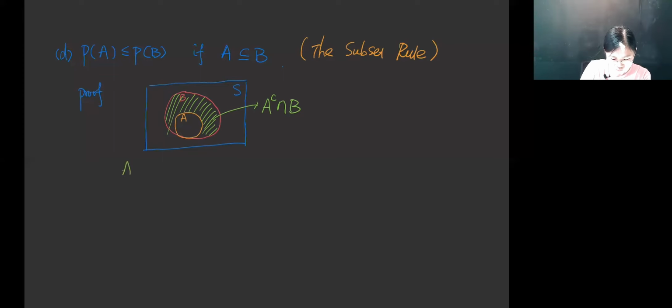So as we can see from the Venn diagram, A and A complement intersect B form a partition. The union of the two sets equals B, and the two sets are disjoint.